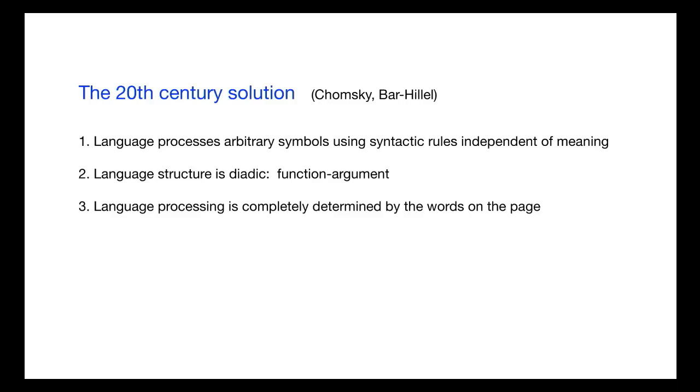And I'm going to argue that none of these is true. And once you see through it, then it becomes simple and regular. In fact, before the 20th century, there was a history that meaning did matter, and that language structure was made of three parts, not two parts.